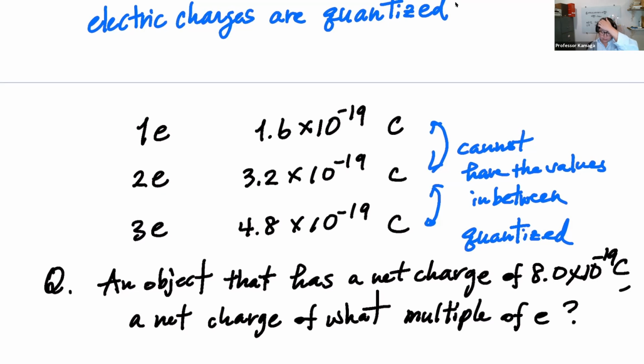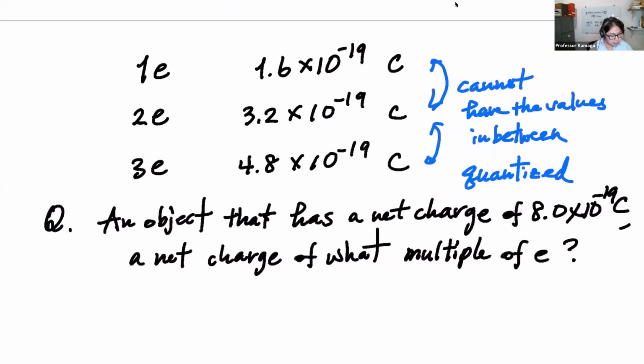How many electrons were lost, or how many electrons would need to be removed to create this charge?